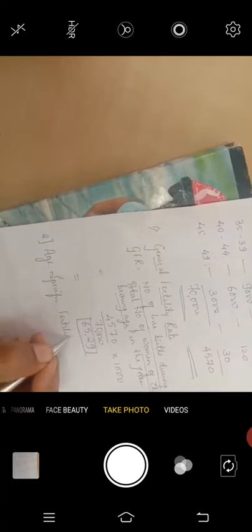Okay. Now next, second thing, they asked you age specific fertility rate, ASFR.